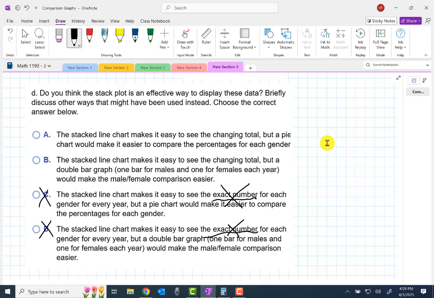So A and B both start with that same thing. But then they're suggesting a pie chart would make it easier to compare the percentages of each gender. The only thing about that is you would have to have a pie chart for every single year because each year the percentages shift. And you can't do that with one pie chart. So as far as I can see, the only possible answer is B.